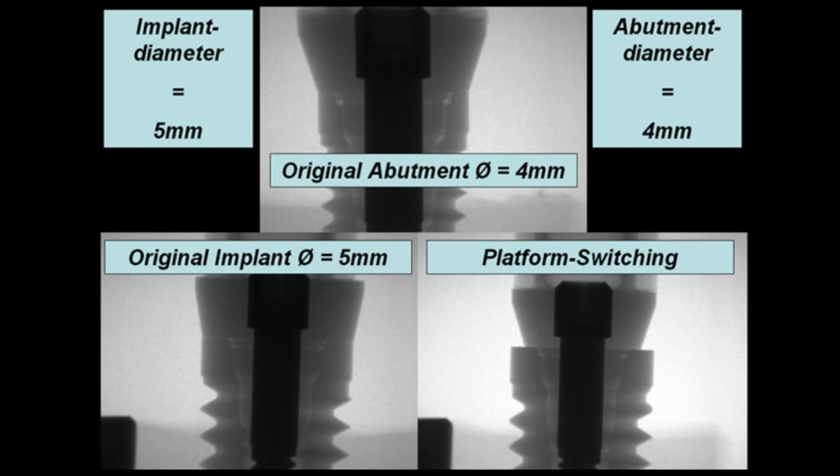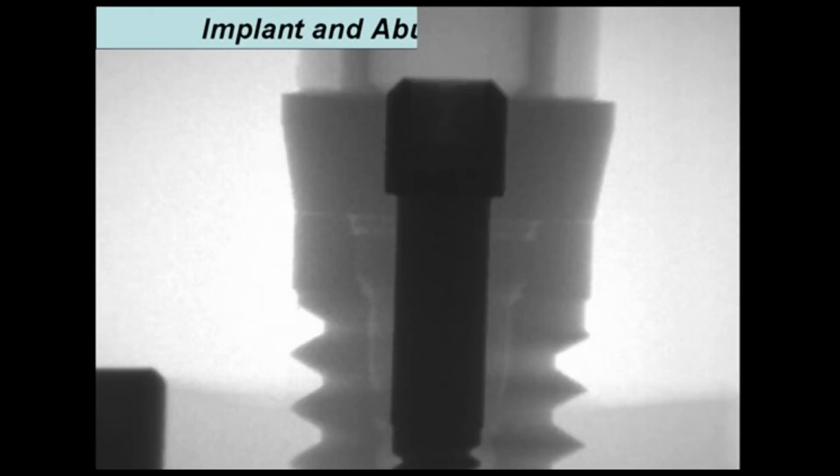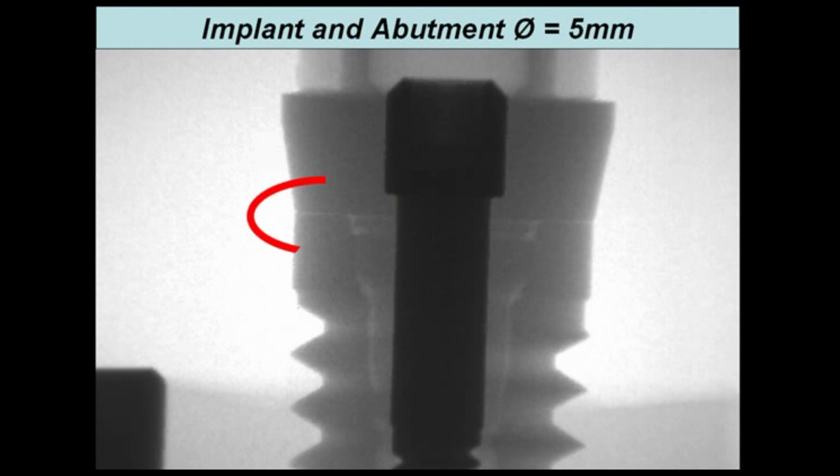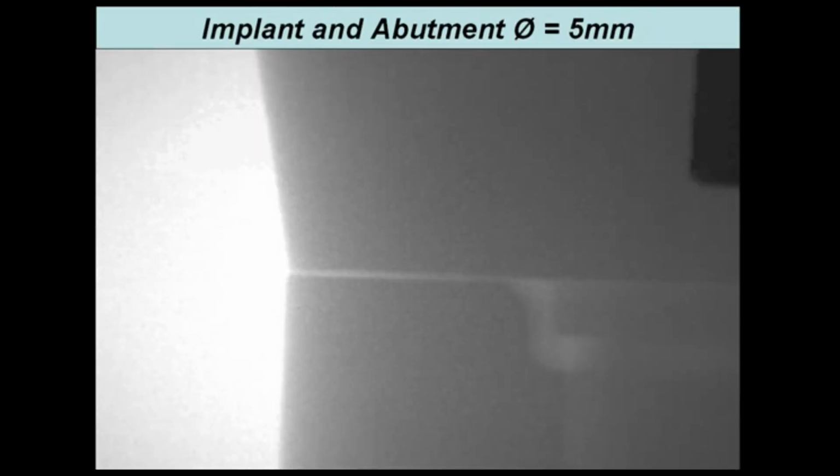the micro gap of the 4mm implant should be the same as the platform switched solution, because we have the same binding screw with the same initial tension. Now we have a closer look. In the overview we can see that there is a micro gap inside of the 5mm implant, and if we look closer, we can clearly see there is a micro gap, and also a micro gap before, so the manufacturing tolerances in this system are not really perfect.